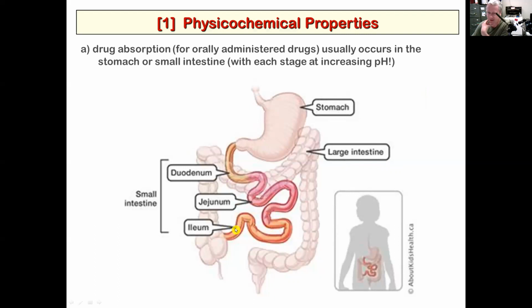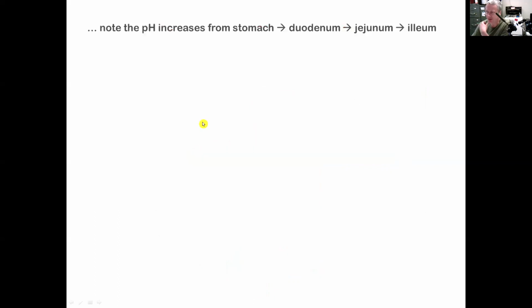The ileum is the last stage of the small intestine, and the pH increases. So what effect does that have on a drug? Well, it depends on if the drug is ionic or has an ionizable functional group. So pH increases as we transition through this process.